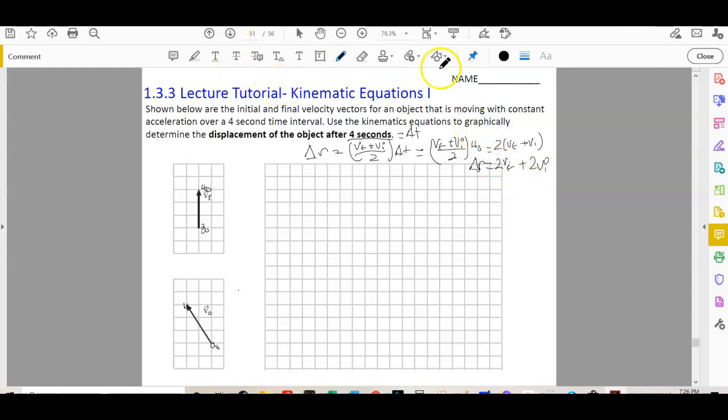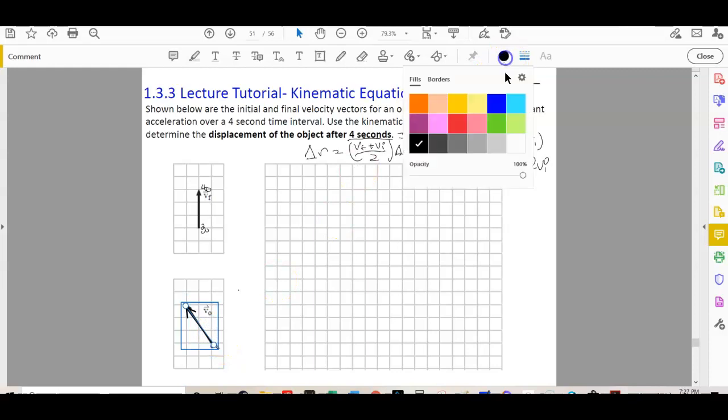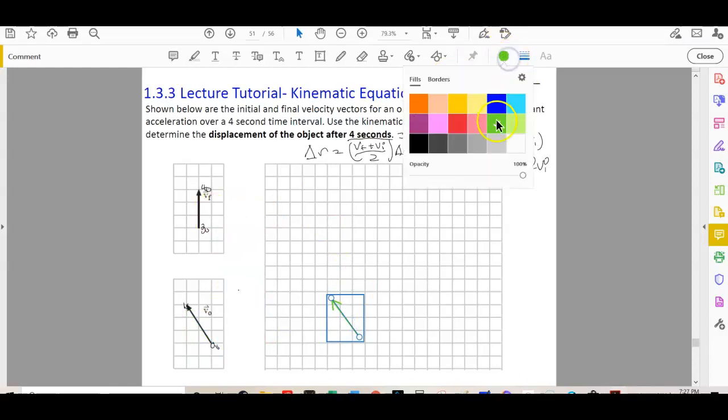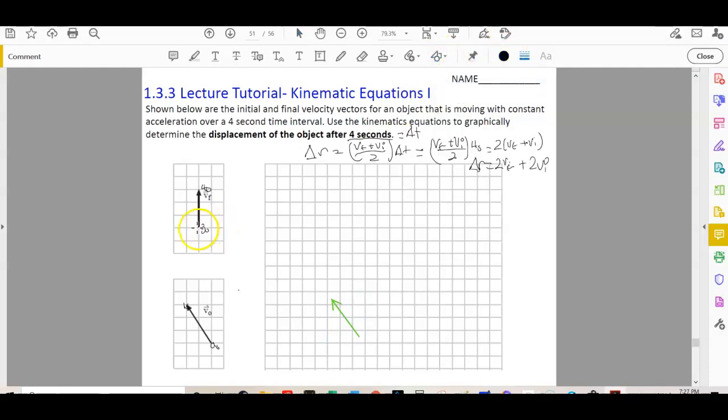So let's try it out. Let's see what we get here. So we did our algebraic manipulation. What I'm going to do is match up the initial velocity vector, and I forget, we use green, right? Green is our color for the initial velocity vector. And then I'm going to grab our final velocity vector, and drag it here.